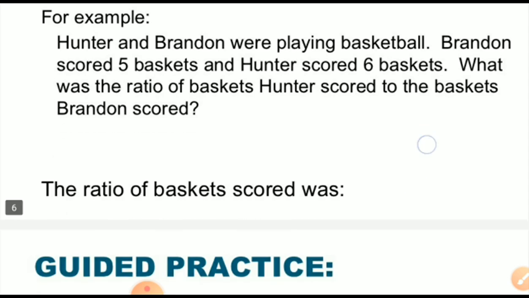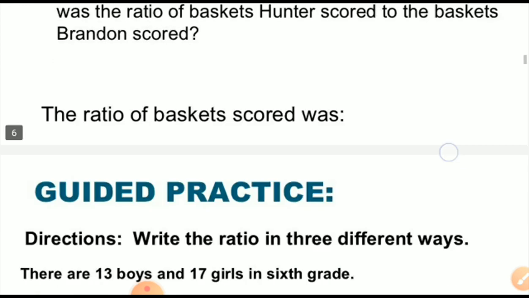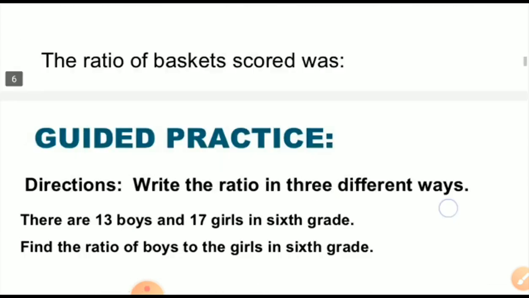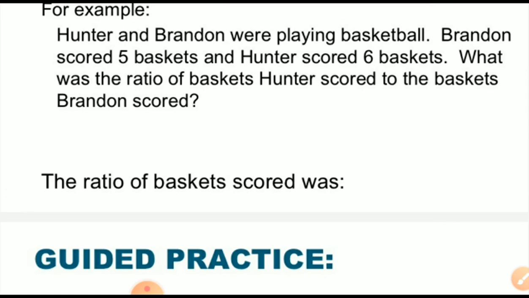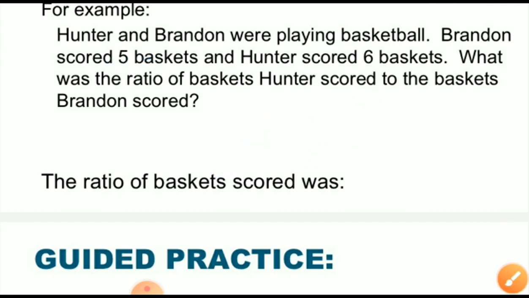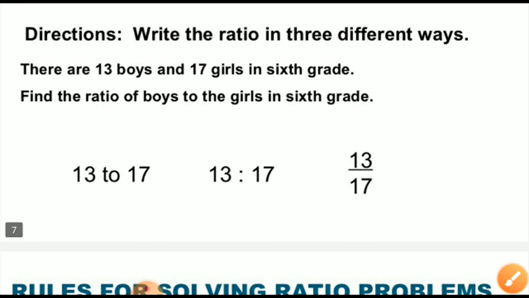Yes, my dear students, the name is nothing; what you are doing is a great thing. Write the ratio of baskets scored in the 3 different ways. What they ask us here is the ratio of baskets Hunter scored to Brandon's baskets. So take Hunter first: how many baskets? Hunter 6 and Brandon 5. So the answer will be 6:5.